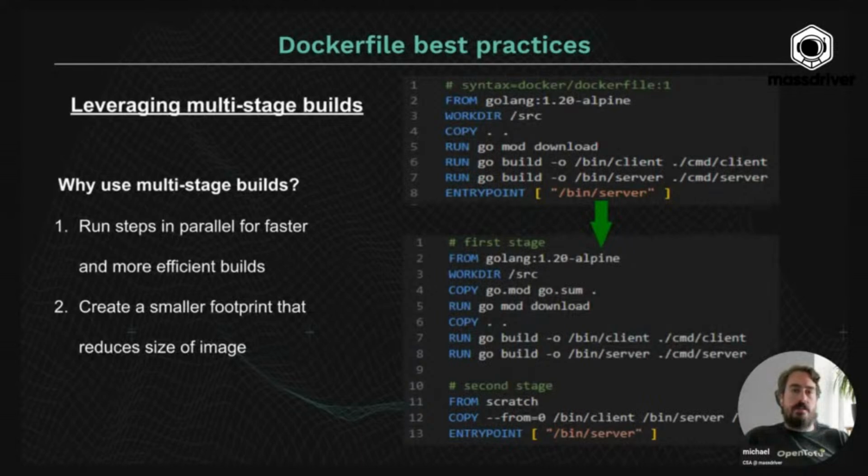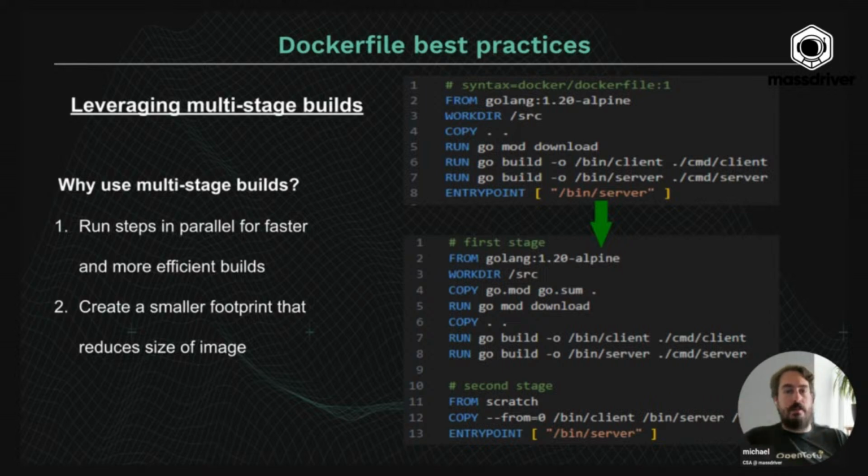And then finally, let's explore multi-stage builds and their effectiveness. In the Dockerfile, each build begins from the FROM instruction. There are two main benefits to using multi-stage builds. There are the parallel build steps for number one. Parallel build steps essentially allow you to run certain build steps independently, making your overall build process faster and more efficient.